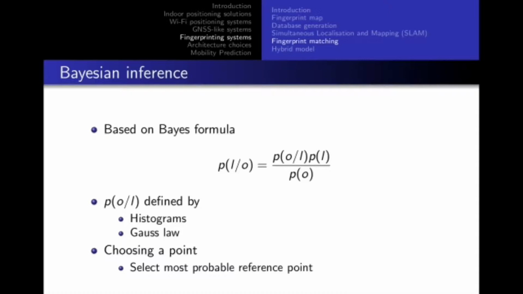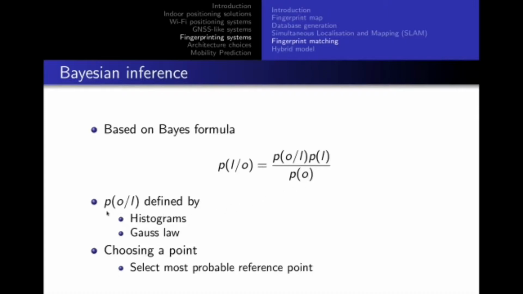You also can use Bayesian inference, so it is based again on the Bayes formula, which states that the probability of being at location L given observation O is equal to the probability to observe the observation O, so your RSSI sample for the device, given that you're at location L, multiplied by the probability to be at location L, which is an a priori probability that you can define as being the same for each point or to be related to the current location of the device, over the probability to observe O without taking into account any location.